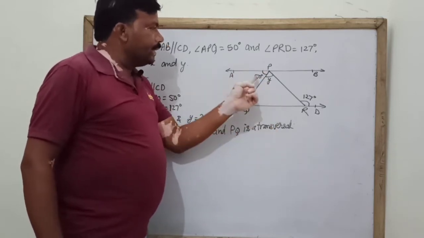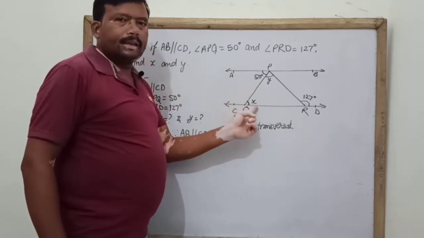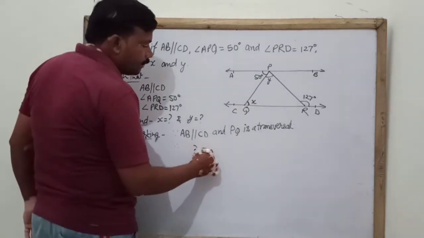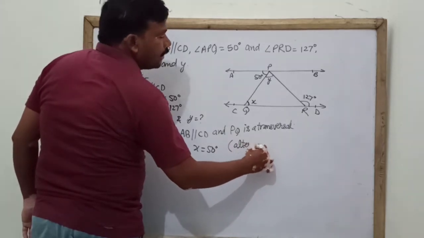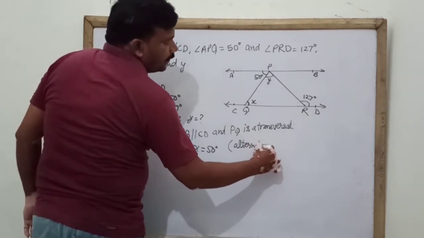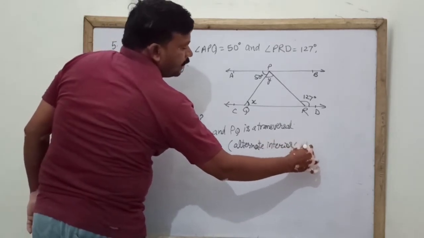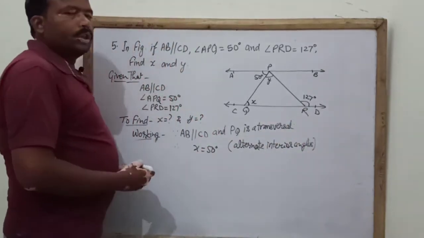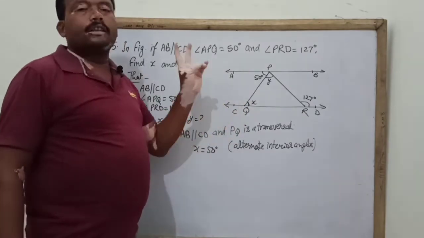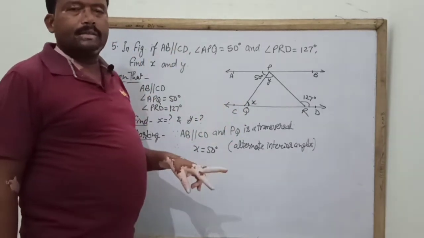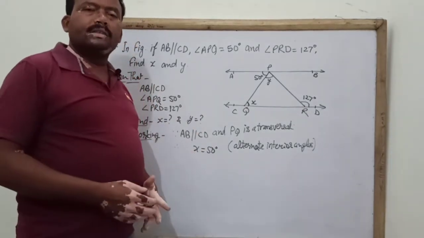These two angles, 50 degree and x, are in Z form. These are alternate interior angles. So we can write here x equal 50 degree. As we have learnt in a theorem that if a transversal intersects two parallel lines, then alternate interior angles are equal. So we have equalized them.